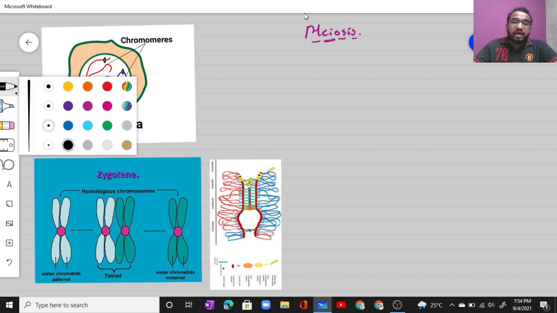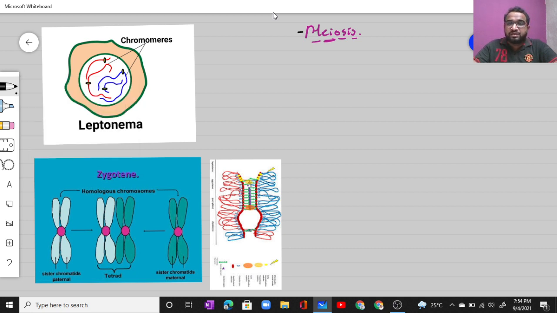Meiosis is a bit more complex process than mitosis, and in meiosis there are two M phases that we are going to discuss. In mitosis, we saw only one M phase, which was divided into prophase, metaphase, anaphase, and telophase. In meiosis, there is meiosis 1 and then meiosis 2.